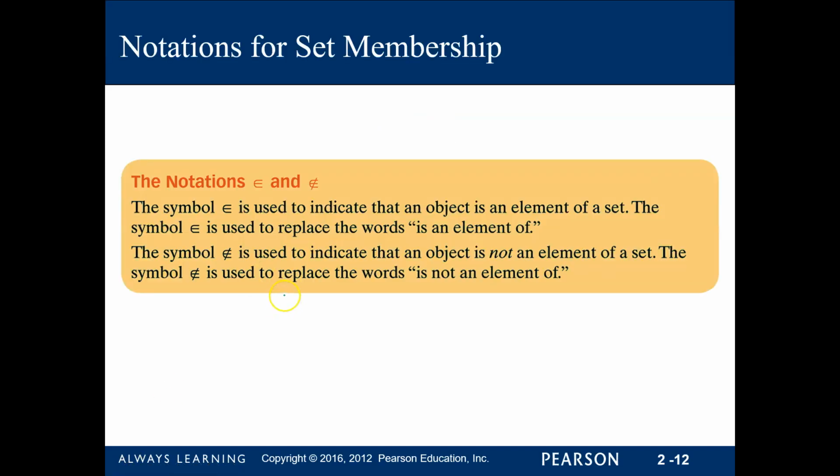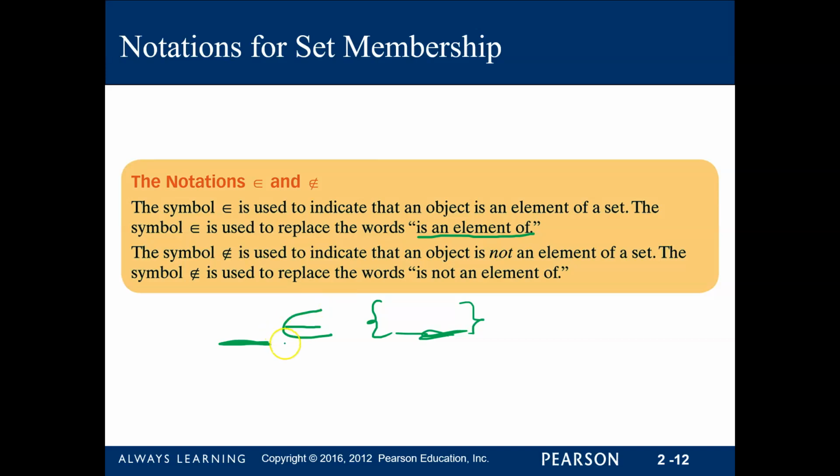So, what makes up the membership of a set? The notation that looks like an E, like a C with a horizontal line, just says "is an element of." Whatever this item is, it is an element of whatever is in this set.